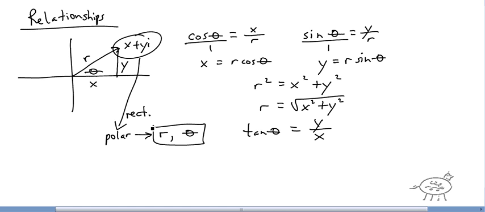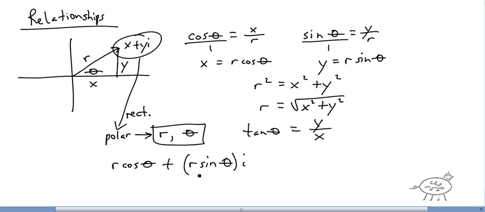So if I substitute that in there, x is equal to r cosine of theta. So r cosine of theta plus, and here's y. Y is r sine of theta, so it's, I'll put this in parentheses, r sine of theta times i.